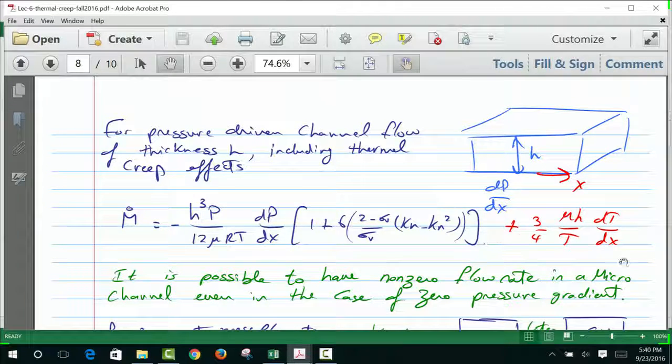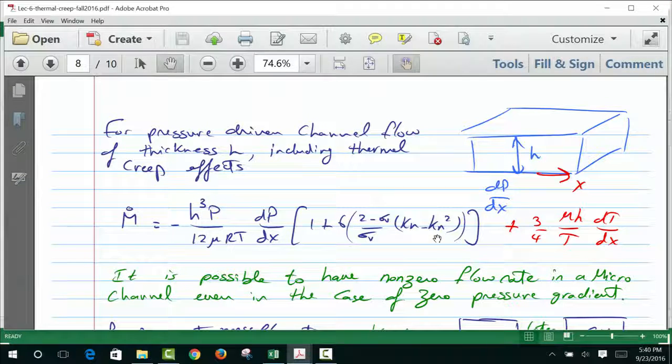Okay? This extra term, the third term, is what a temperature gradient would do. Okay? So let's think about the sign a little bit. All right? So to start with, the flow rate is 1 without the Knudsen number, and with the Knudsen number it increases.